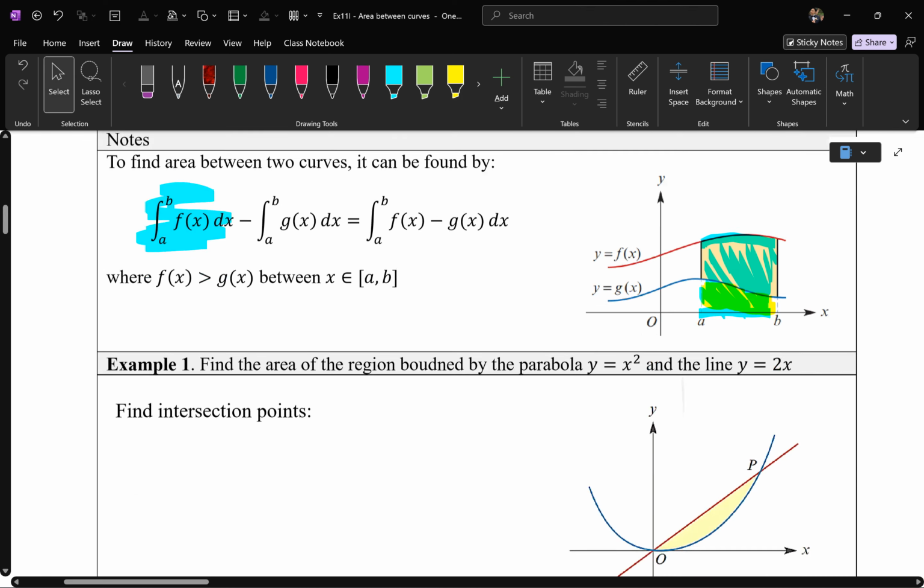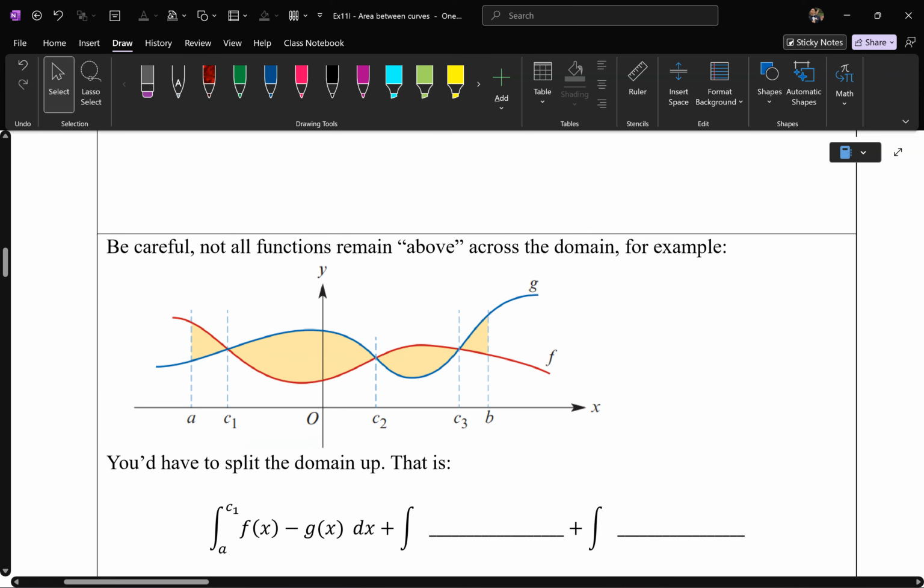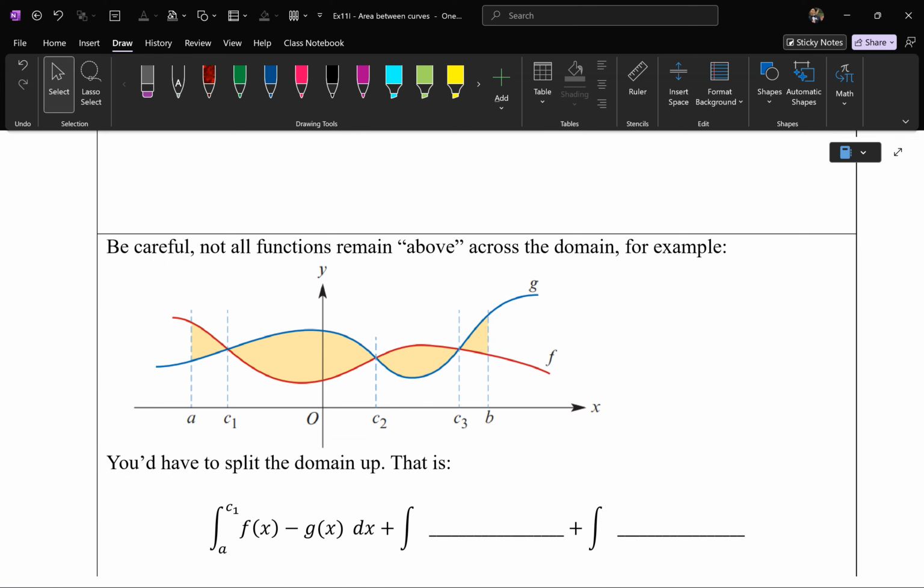Yes. So that goes into this part here. What happens when they cross? It means you have to split them up. In this situation, if f is the red graph and g is the blue graph, when you integrate them, you can't just integrate the whole thing. You have to split them up. From a to c1, it will be f take away g. But from c1 to c2, that's now g take away f.